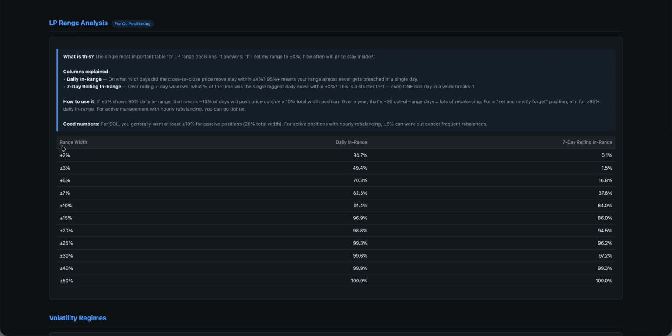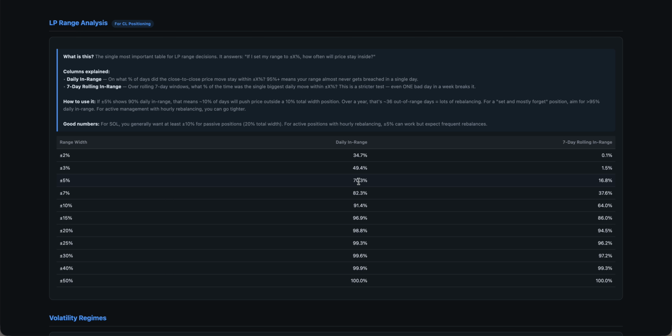It just shows you the range width, plus or minus 5, 7%, so like 10, 14, 20 in total. It shows you the probability of staying in range throughout the whole day. As you can see, if you have plus or minus 2% or 3%, you have less than 50% probability to stay in range, while if you make this plus or minus 5%, it's already at 70%.